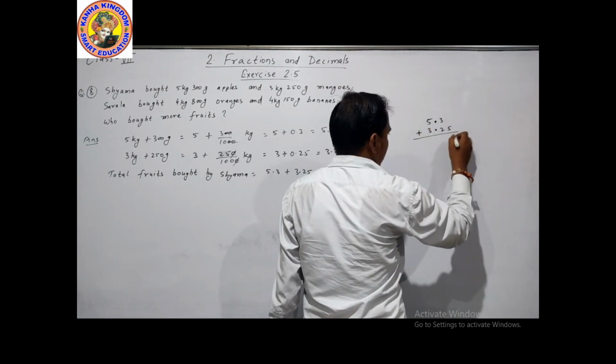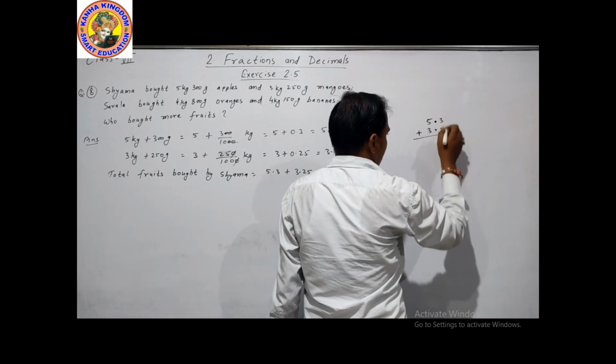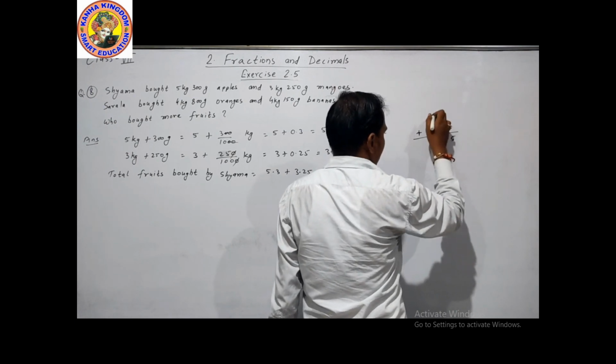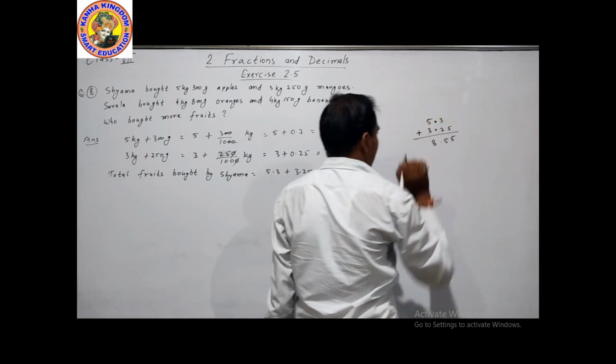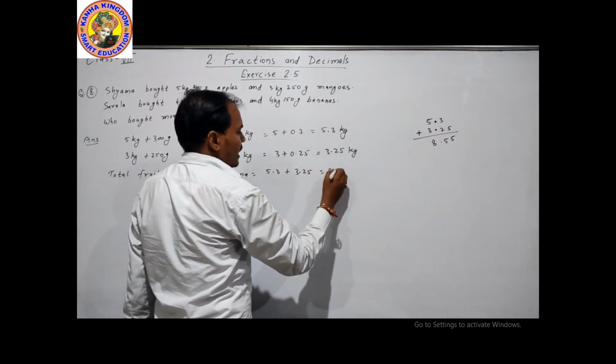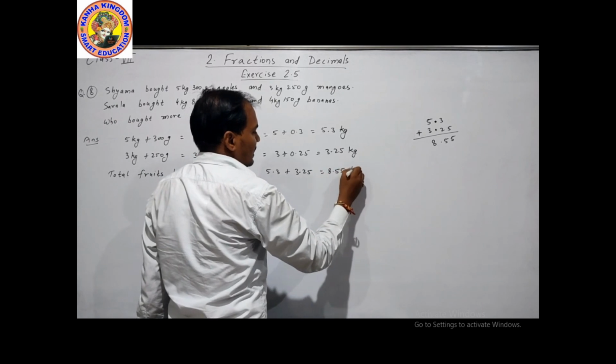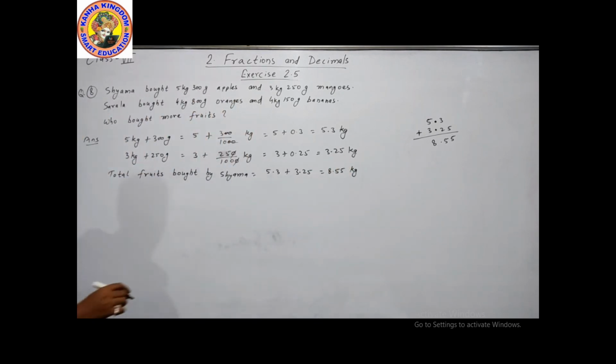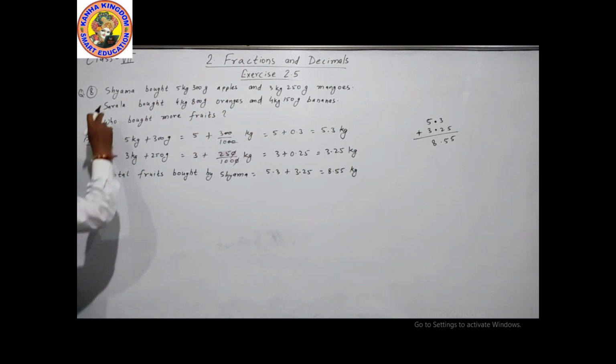Here 5, 3 plus 2, 5, 5 plus 3, 8. The answer is 8.55 kg.